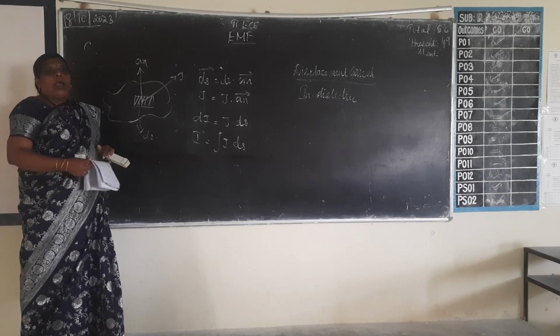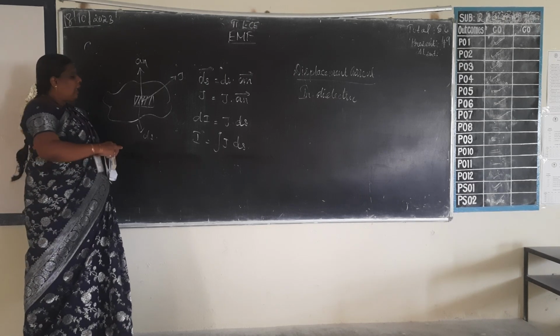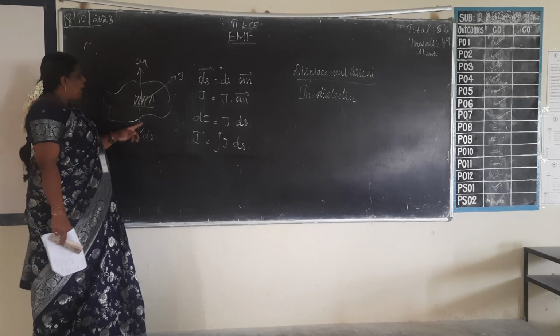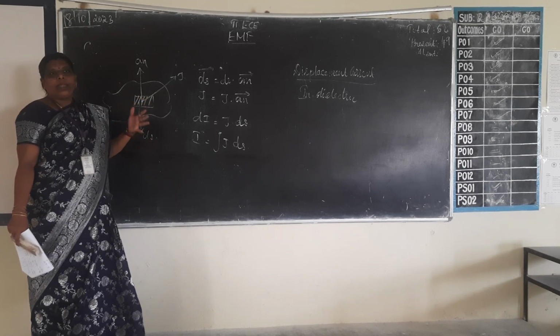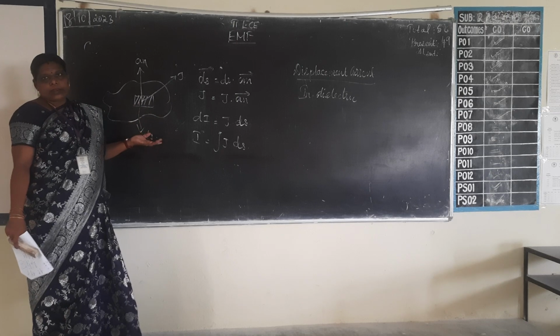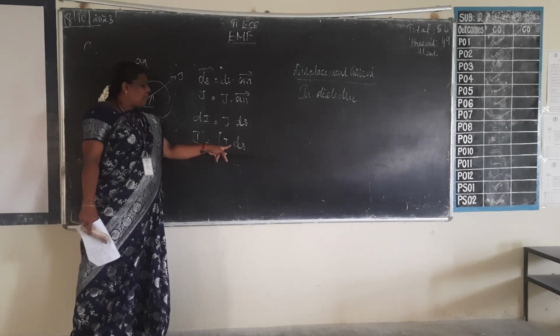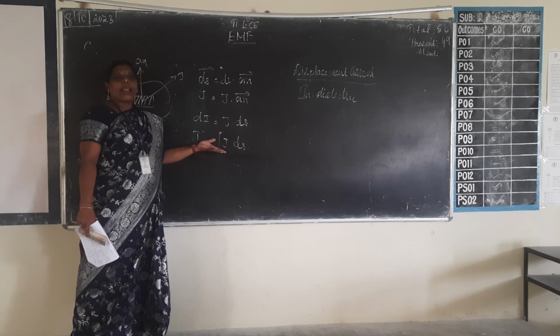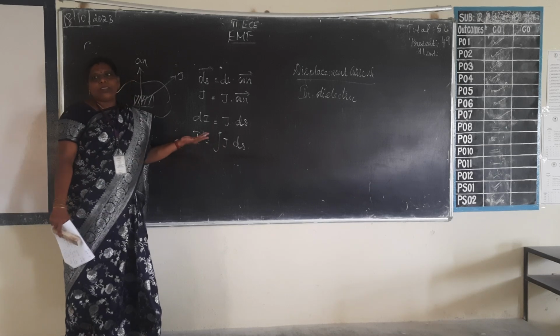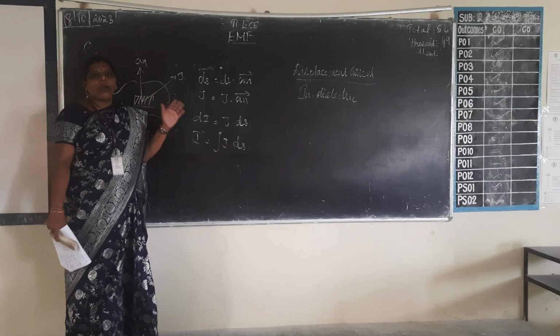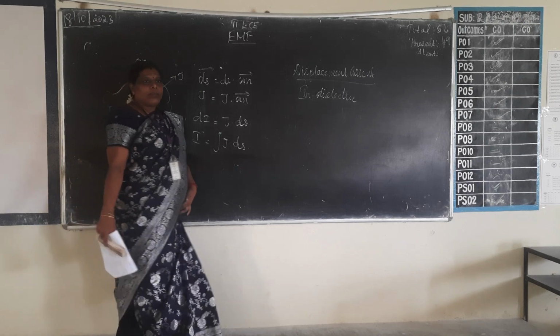Okay? Clear? And we can say that the angle between J and ds is not equal to 90 degrees. It again depends upon your dot product, right? It means that it depends on the cos of the angle that is formed between the current density and the surface vector. Is it clear?